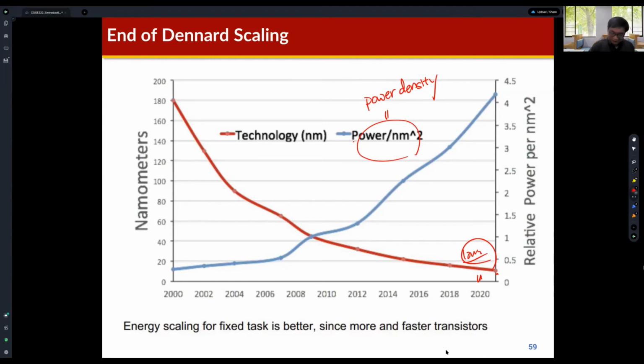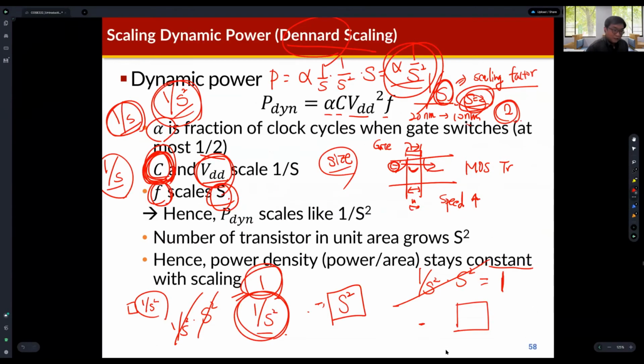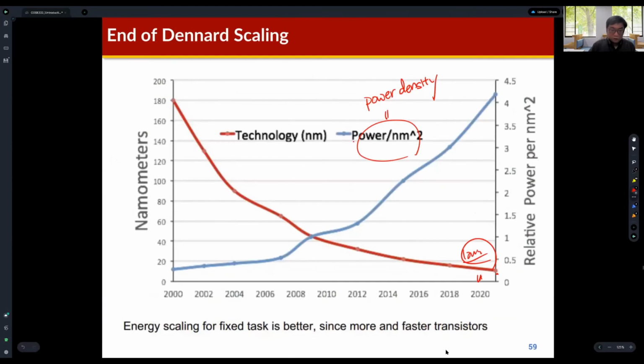I explained that with Dennard scaling, the power consumption in the same area is constant if we use a more advanced technology node. The technology node has been advanced, so we can use smaller transistors. So what is the expected power density?